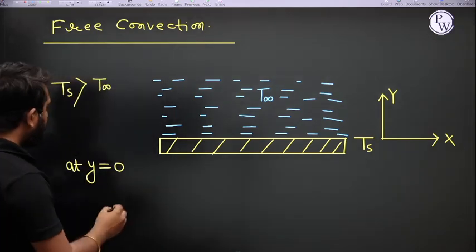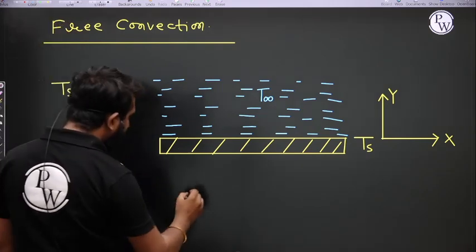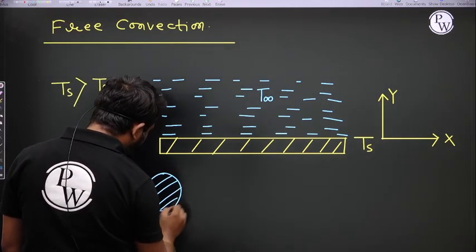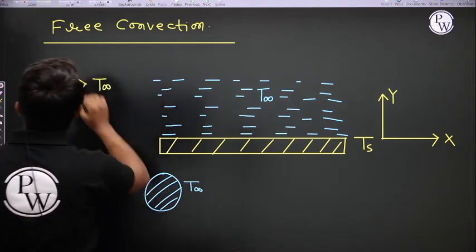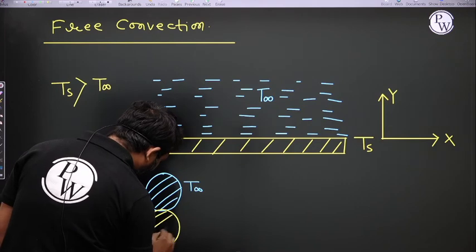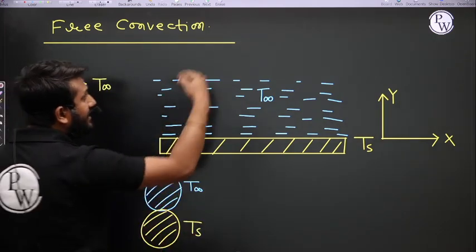This is a fluid particle with temperature T infinity, and there is a plate particle with temperature Ts, and Ts is greater than T infinity.